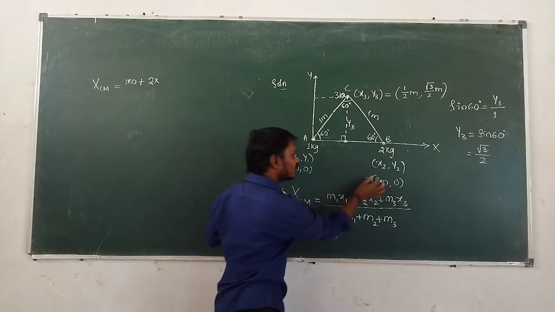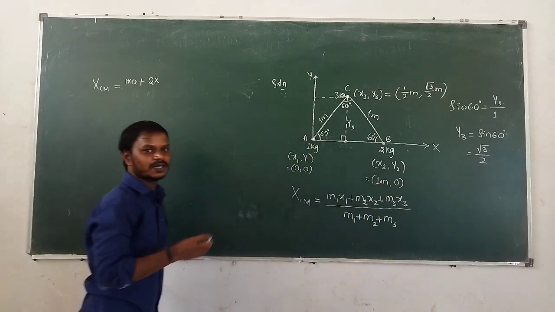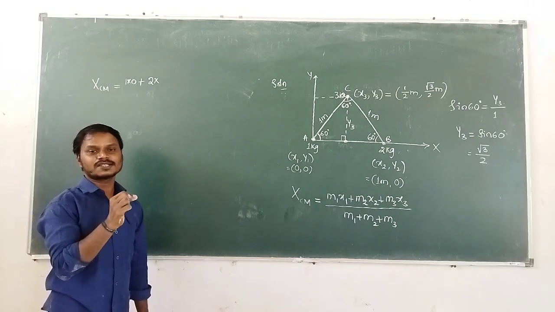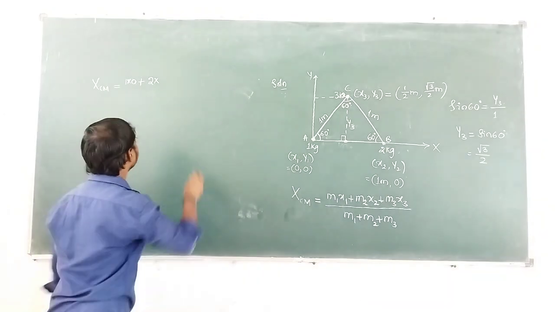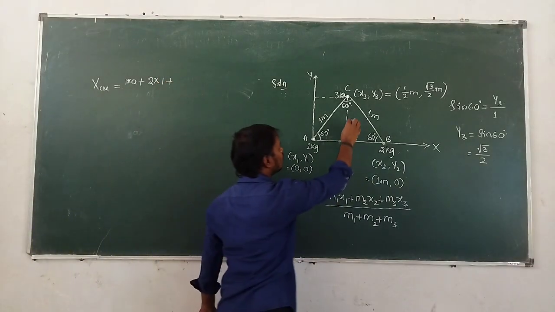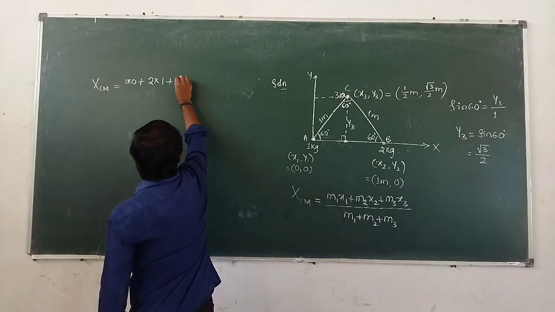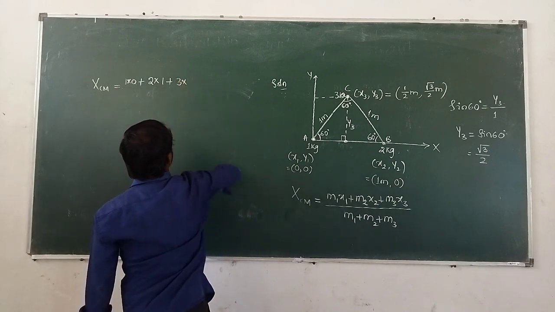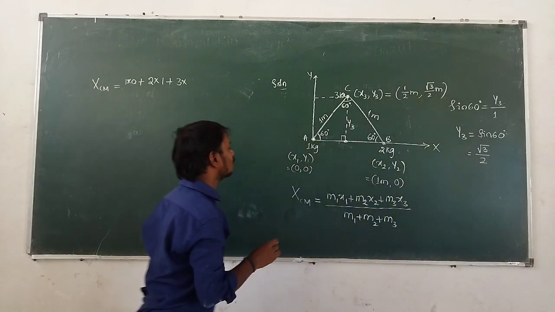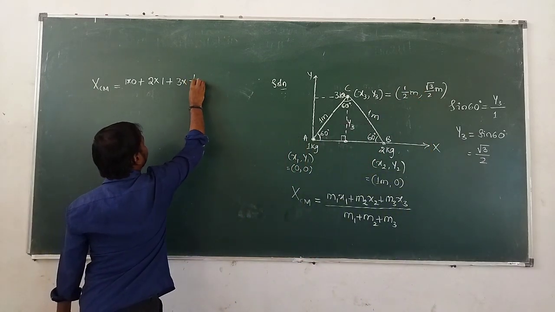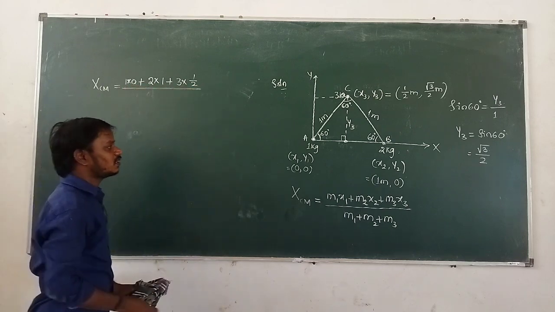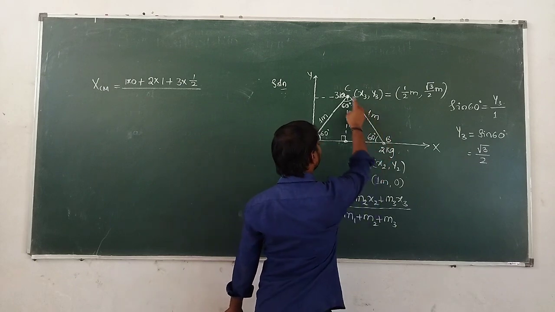What about x2? x2 is 1, because the 2 kg is along the x-axis, means its x coordinate is 1 meter. 2 into 1 plus m3 is 3 and x3 is 1 by 2 meter, whole divided by total mass of the system 1 plus 2 plus 3, that is 6.